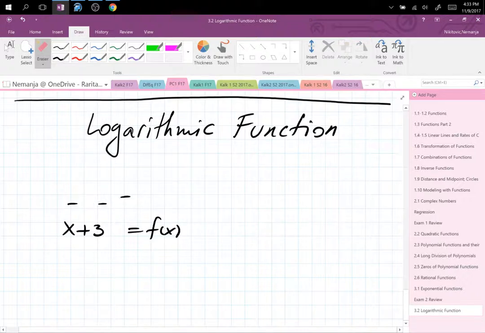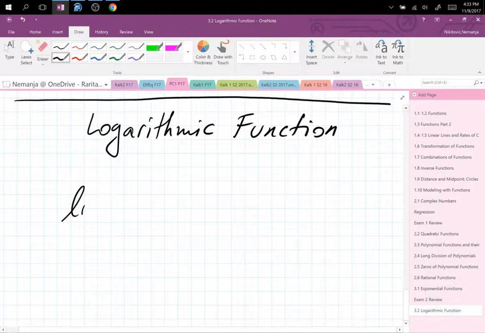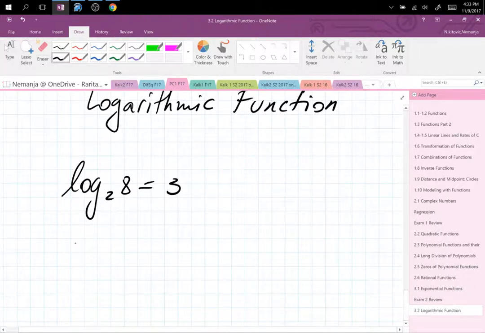So now we're going to do the same thing for our log. I have this log base 2 of 8, and I got 3 on the other end. So what happens if I just go log base 2 of x?